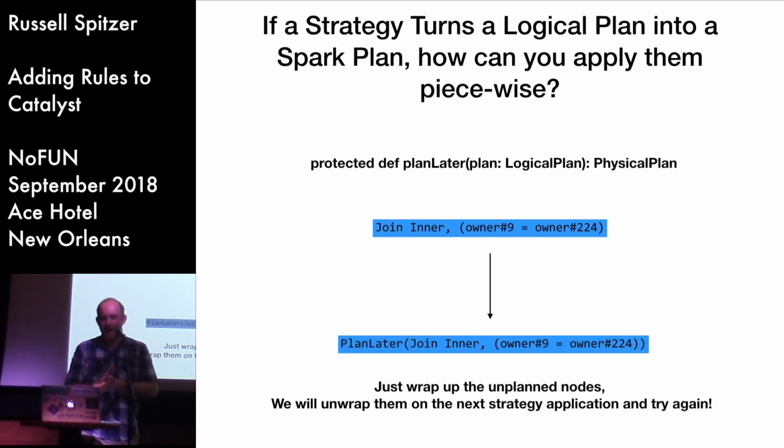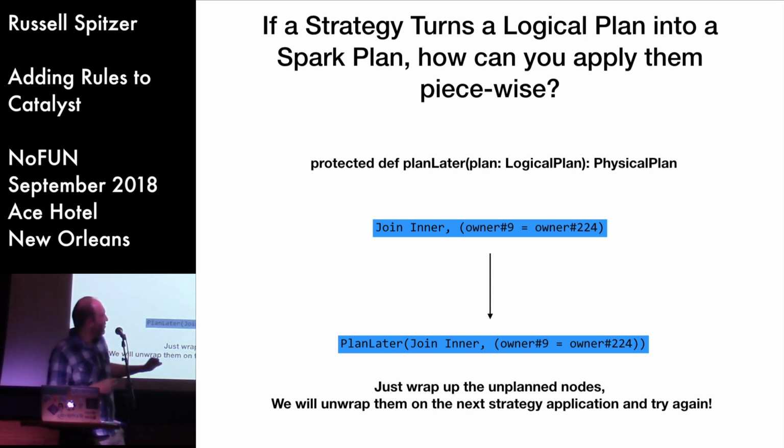Because of this, we also have one little twist here. Since all of these planning rules take a logical node and change it to a physical node, or a logical tree and change it to a physical tree, we end up with the problem that we can't keep applying these rules over and over again, because if we have an input of a logical plan and an output of a physical plan, we can't leave any nodes untouched.